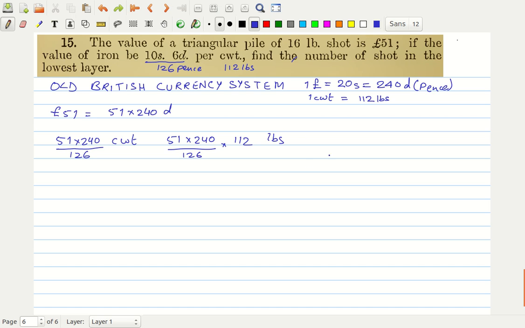Let us use the calculator for this one. I'm using the calculator to save time, but you can do it by hand. It is 10,880.